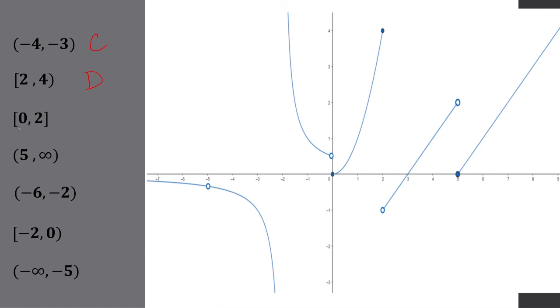Let's say for 0 to 2. So let us refer to the given graph. This is 0, this is shaded, and then this would be up to 2. And this is also shaded. We do not see any holes, gaps, or breaks on this interval.